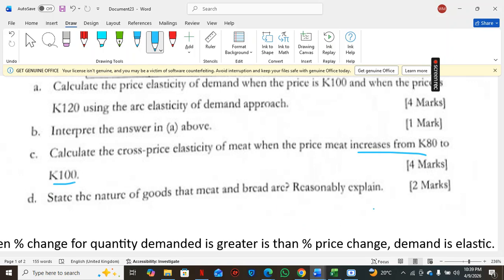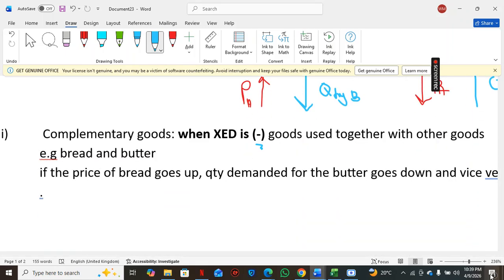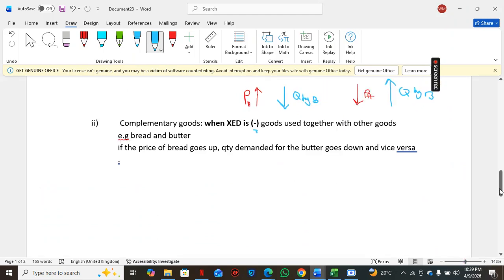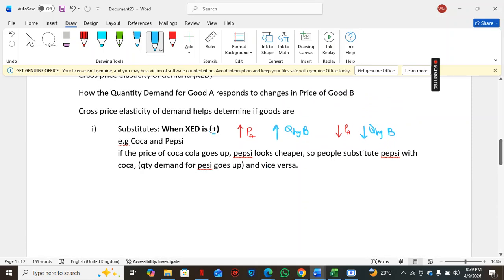Remember, this is the rule about cross price elasticity of demand. If your cross price elasticity of demand is positive, it means your goods are substitute goods.